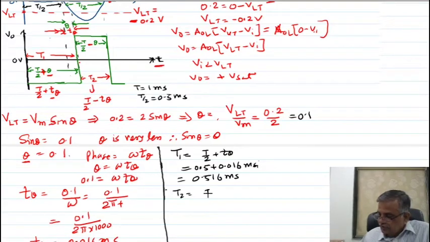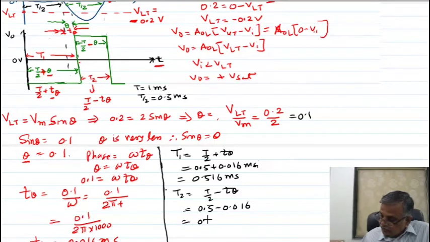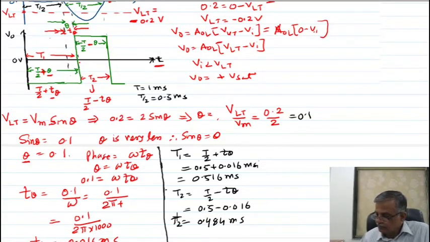T2 is T by 2 minus t theta, so I can write 0.5 minus 0.016, so it is 0.484 millisecond.